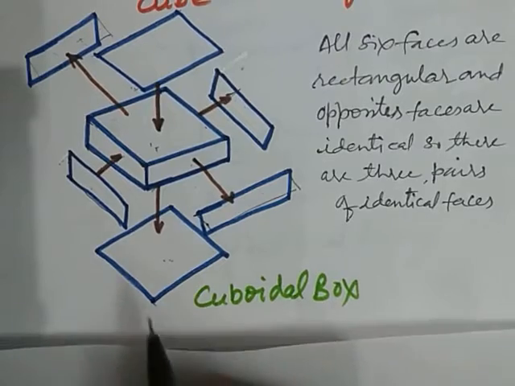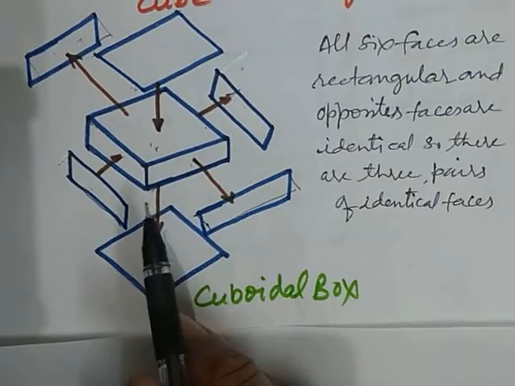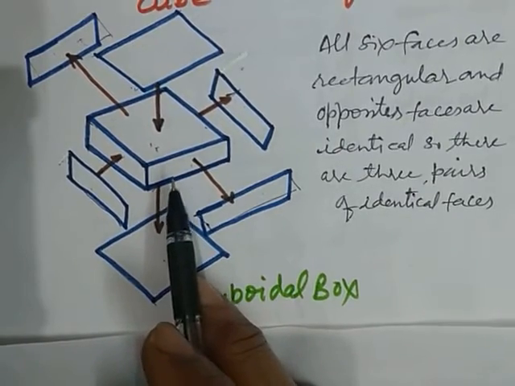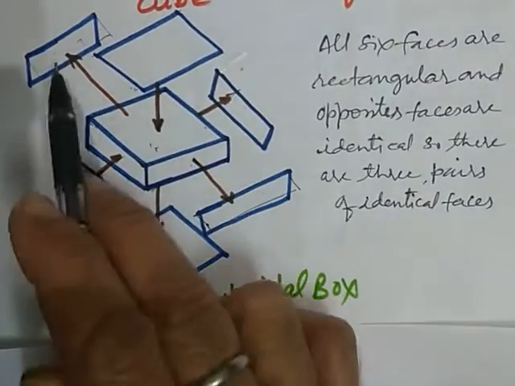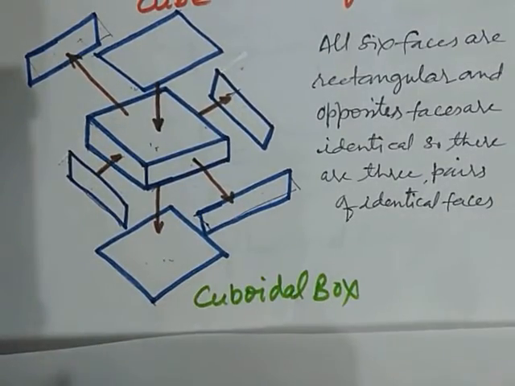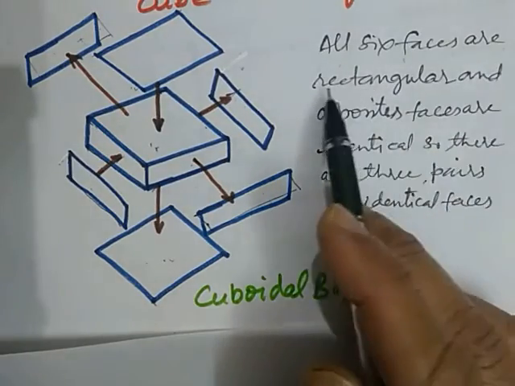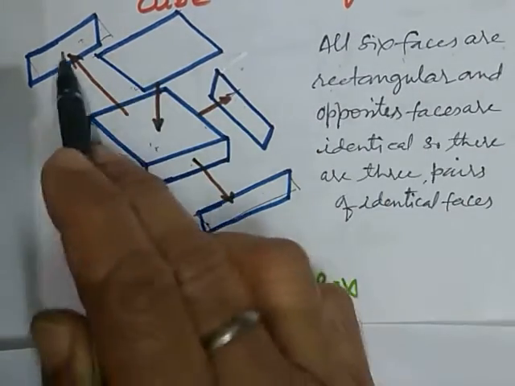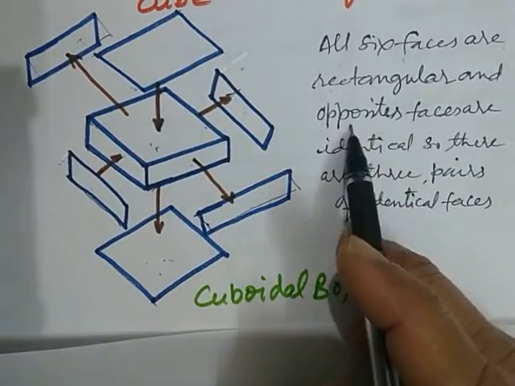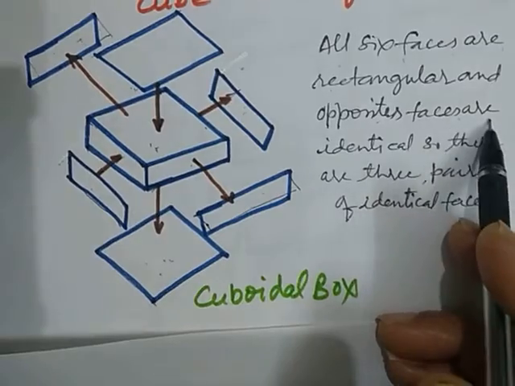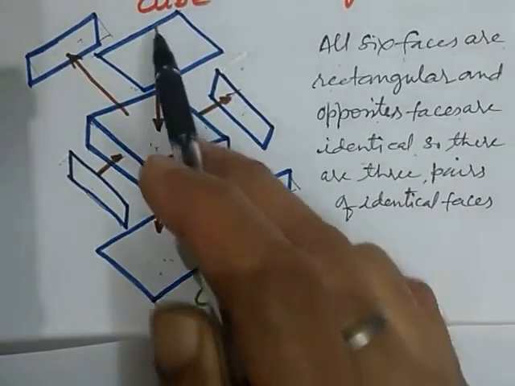So this way we can know that a three-dimensional solid shape is formed with the help of two-dimensional faces or shapes. Here all 6 faces are rectangular. Look, all are rectangular. And opposite faces are identical. This and this are identical, this and this, this and this.